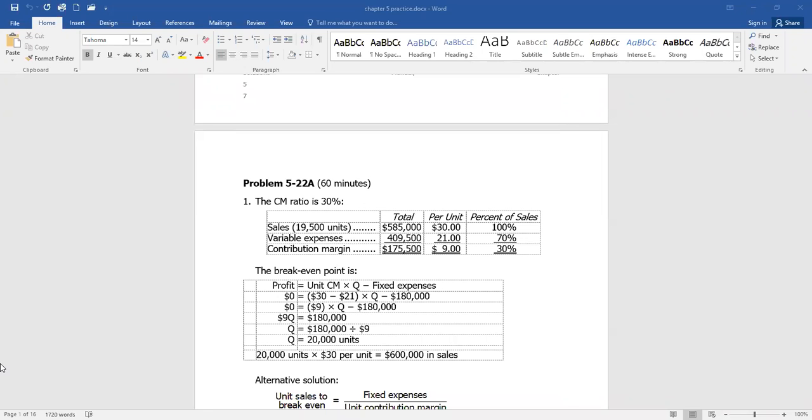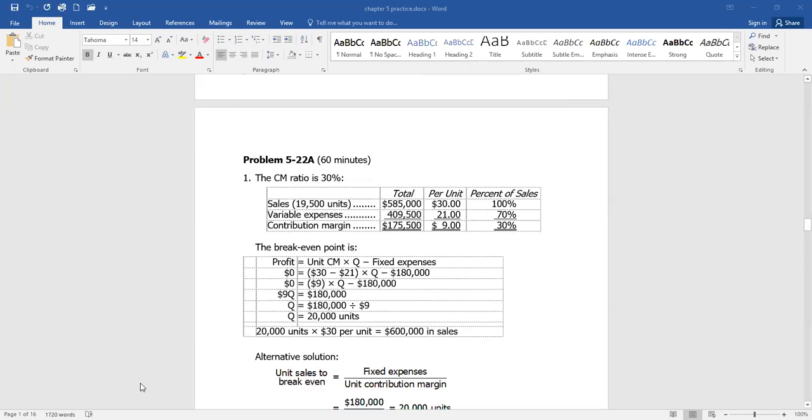If we want to find the contribution margin ratio, take the $9 per unit divided by the sales per unit of 30, it's 30%. So 30% of the sales remains as contribution margin. Now, in part 1, compute the company's contribution margin ratio, which we just did, and its break-even point in both unit sales and dollar sales.